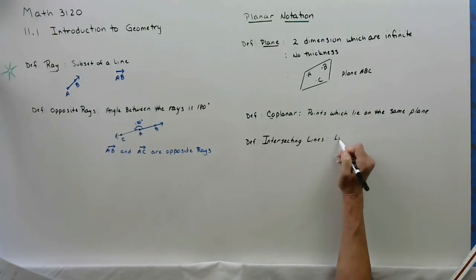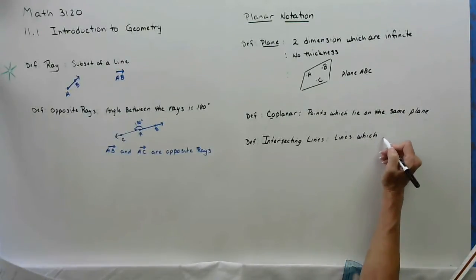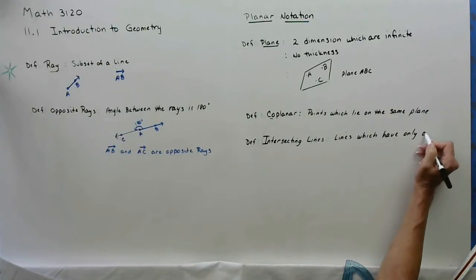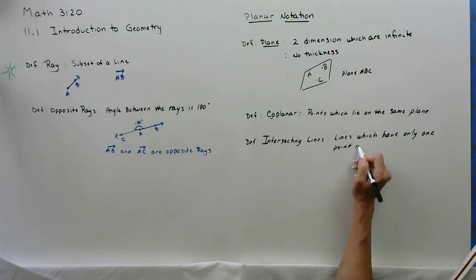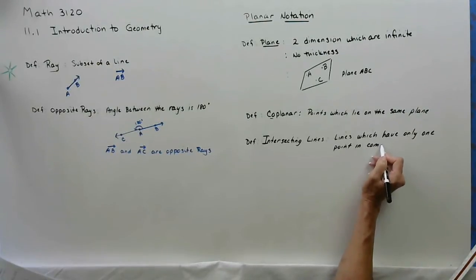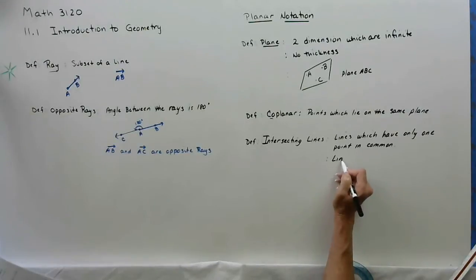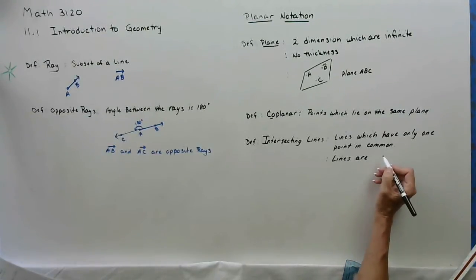These are lines which have only one point in common, and these lines lie on the same plane. So I'm going to say the lines are coplanar.